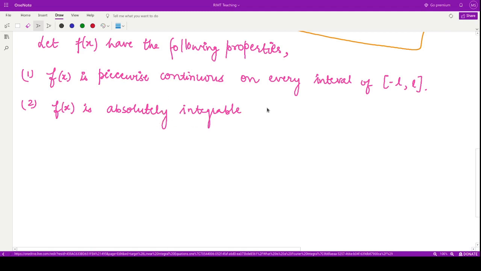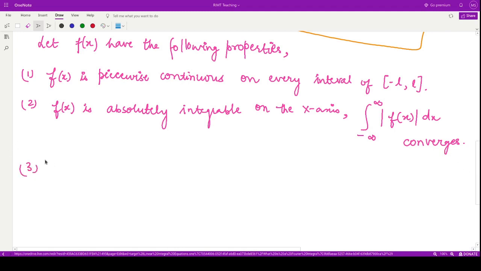So f of x is absolutely integrable on the x-axis. That means if you take the whole of the real line and integrate the absolute value of this function, this value should be convergent in nature.